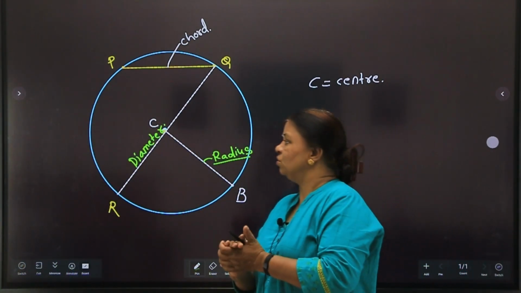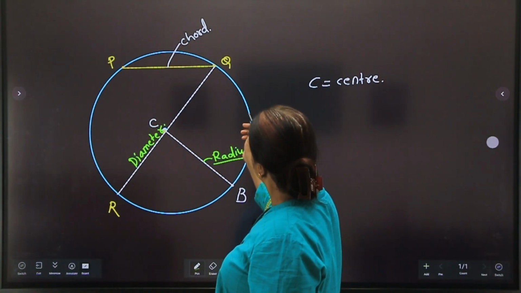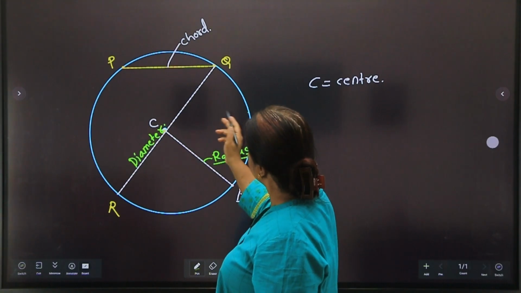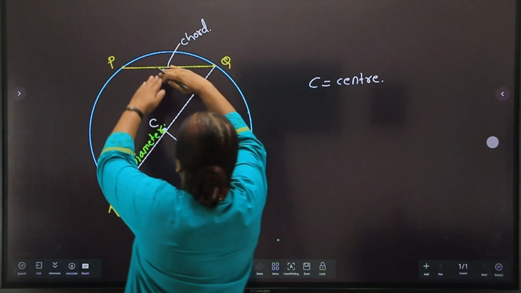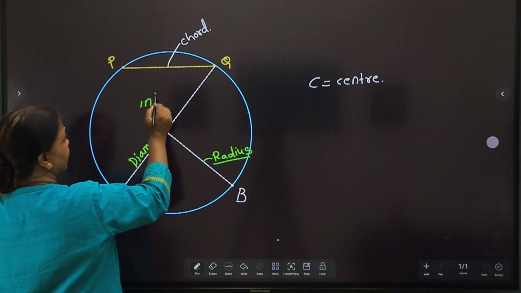Let me also tell you one more extra thing about the circle. The area which is inside of this circle is known as interior.